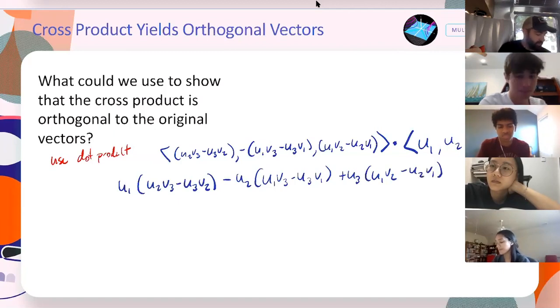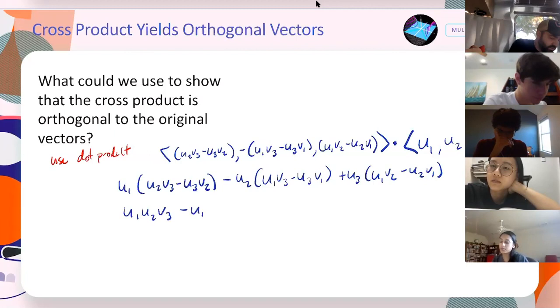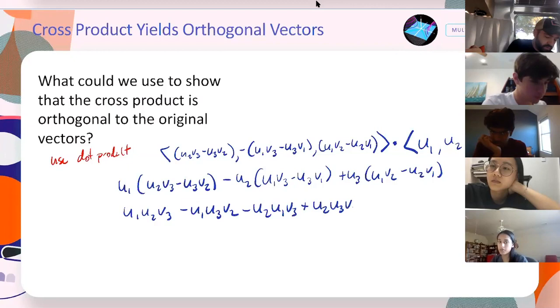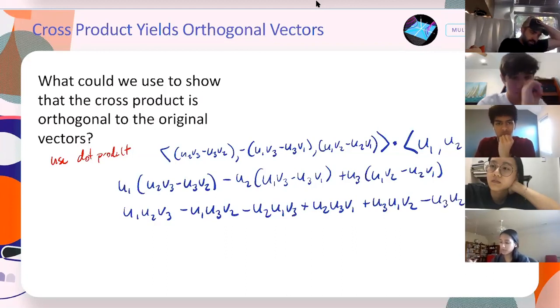If I use my distributive property and simplify that all down, I have U1 U2 V3 minus U1 U3 V2 minus U2 U1 V3 plus U2 U3 V1 plus U3 U1 V2 minus U3 U2 V1. And hopefully I didn't make a mistake there and lose anything.